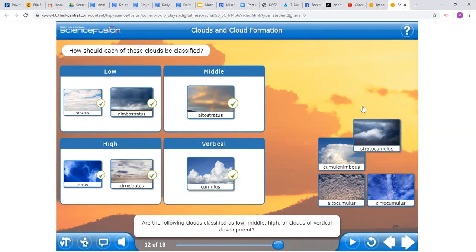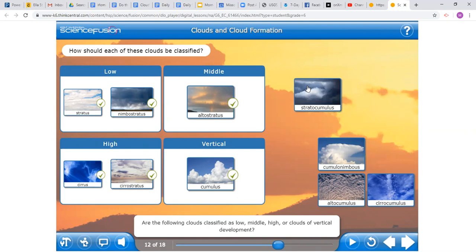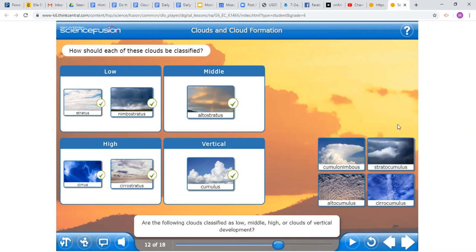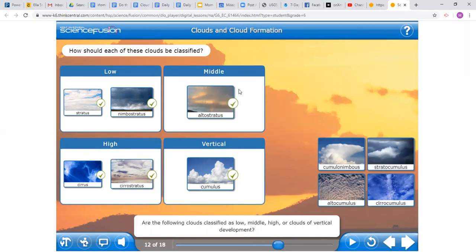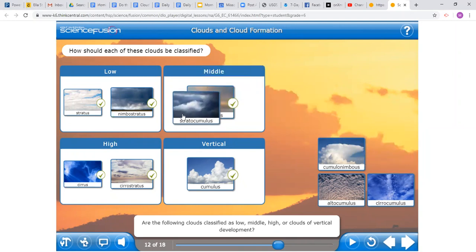How about a stratocumulus? What would a stratocumulus cloud be like? Where should I put this one? Middle. Not middle, low.